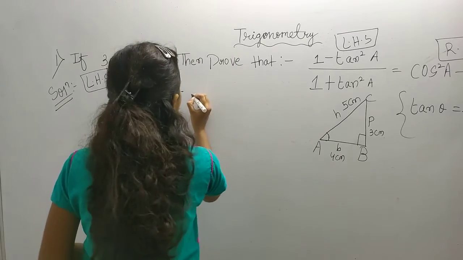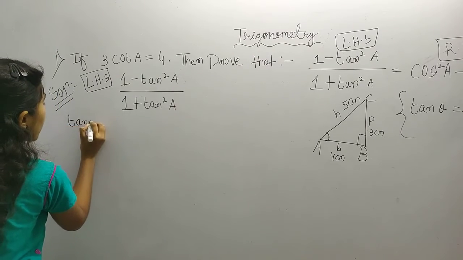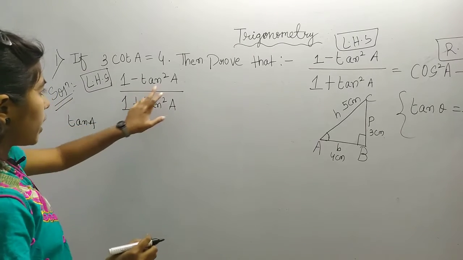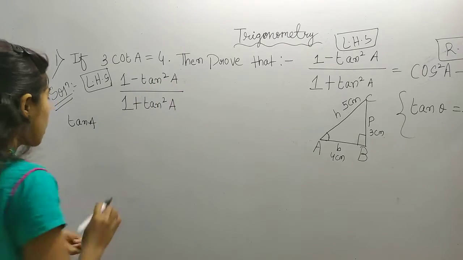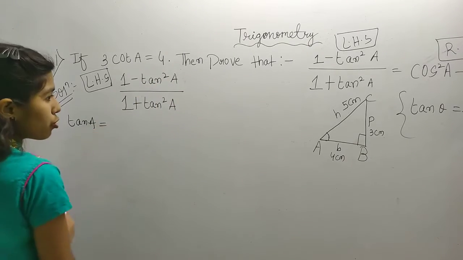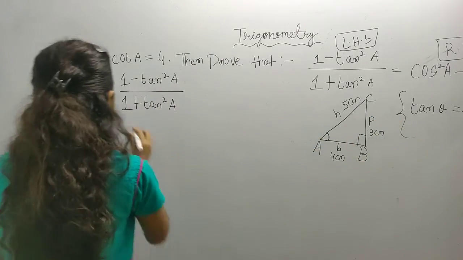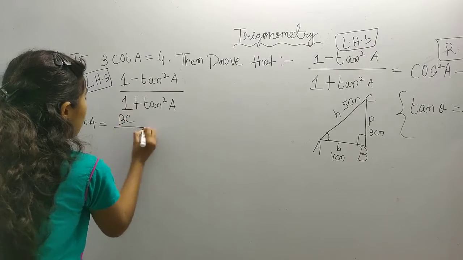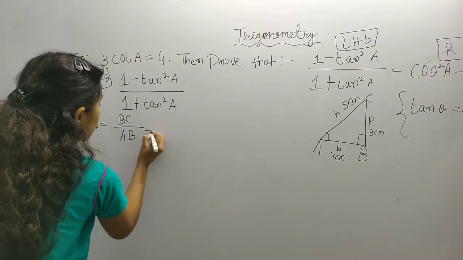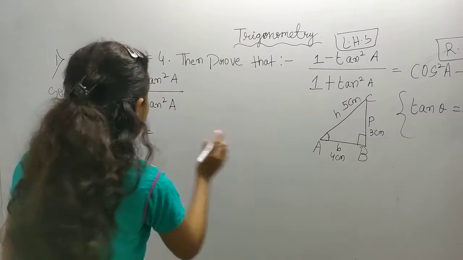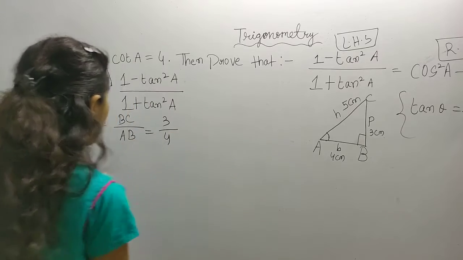So here, first of all let's find tan A. What will be tan A? Here what it is given? Tan square A. So we have to find the tan A value first. So tan A equals to P by B. So perpendicular is our BC by base is our AB, equals to BC is 3 by AB is 4. 3 by 4.